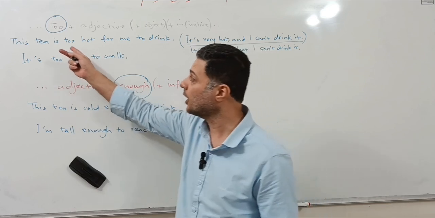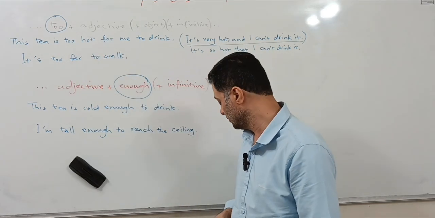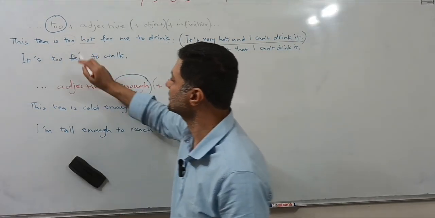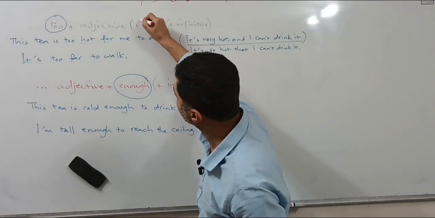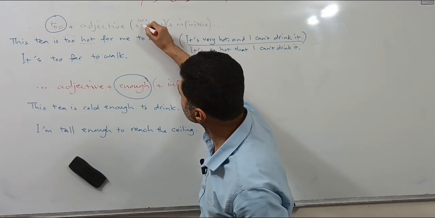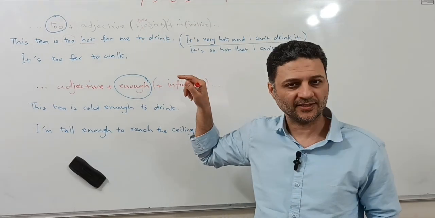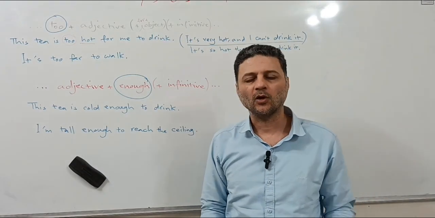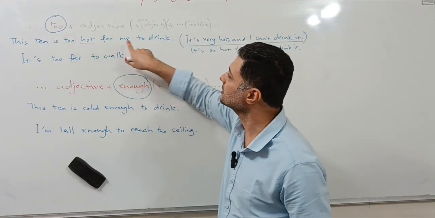Too plus adjective, too hot. Then we can use for plus object. I put it in parentheses, and it means it's optional. You can easily use it or avoid using it.